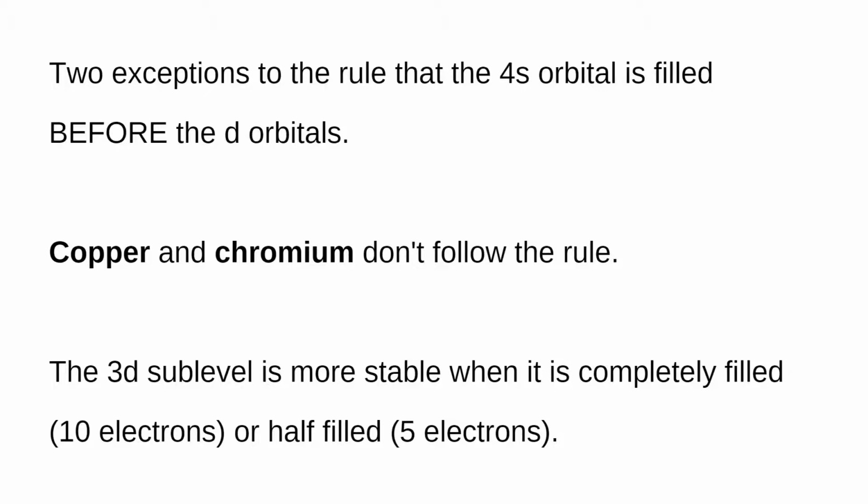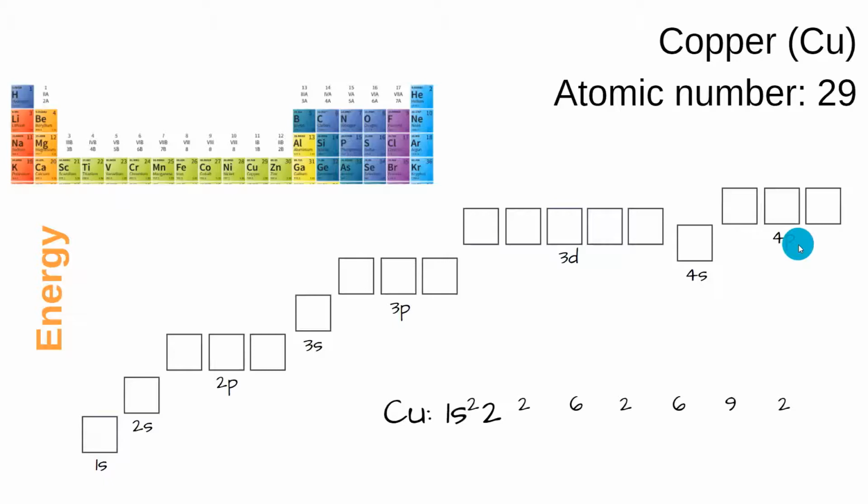You don't need to explain why they don't quite follow the rules, but just so you know, it's because the atom wants to be as stable as possible. And so to do that, it's better off when that 3d sublevel is either completely or half filled.